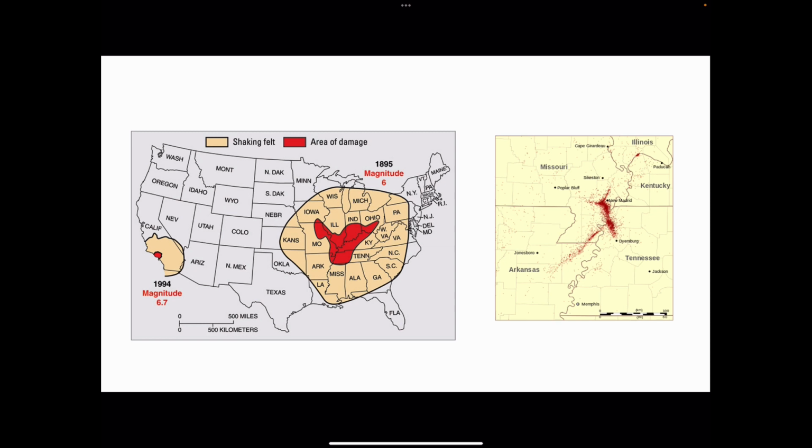And here's a map that kind of demonstrates that, right, visually. So this is comparing a magnitude 6 earthquake on the New Madrid Fault to magnitude 6.7 in Southern California. And how far that shaking was felt, what is the area of damage, and so on. So this is all going back to the type of soil at the site, right?